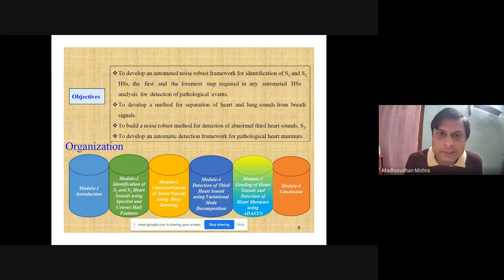So let me start by giving, very briefly, some of the signal processing tools and techniques that will be required for analysis of non-linear and non-stationary signals like the phonocardiogram signal.